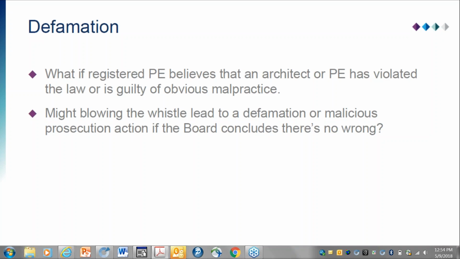And bear in mind, we talked two weeks ago about the obligation of a PE to report certain things in Indiana. If she thinks that there's been malpractice or knows of a violation of ethics rules, there's this duty to report. So what happens if you report it and you in good faith think that there's been a violation, but the board, for whatever reason, concludes that there's really not a problem after all?